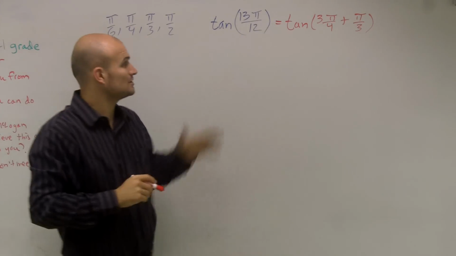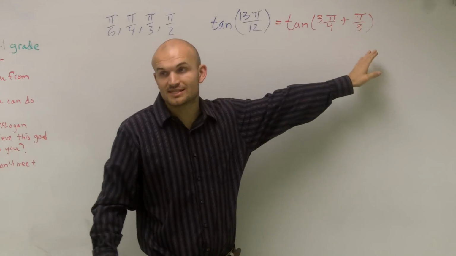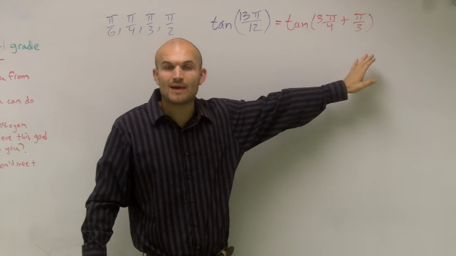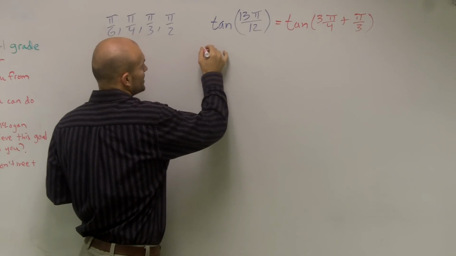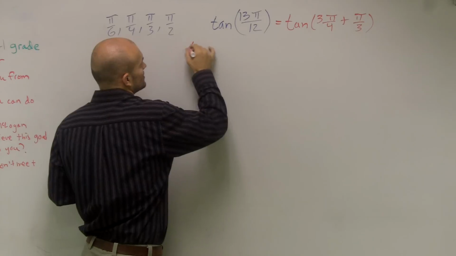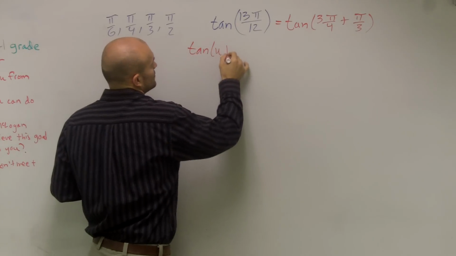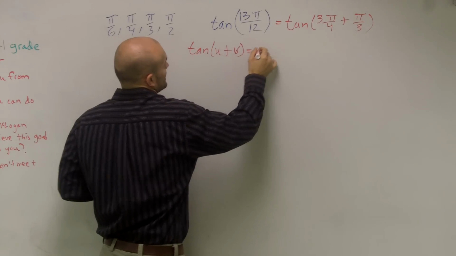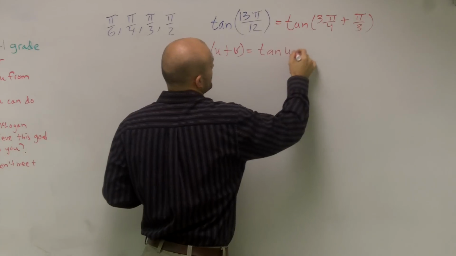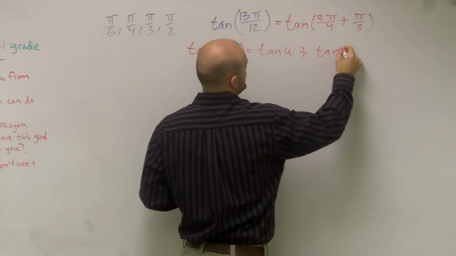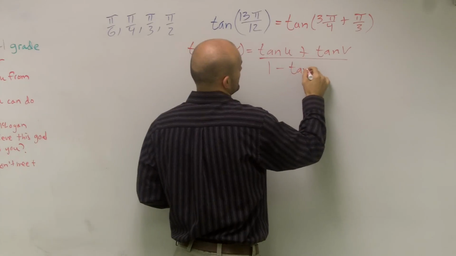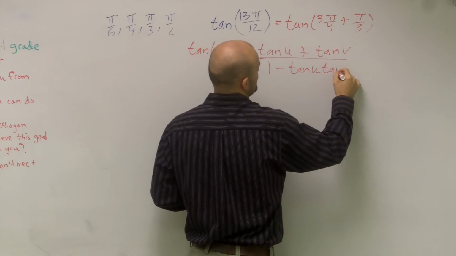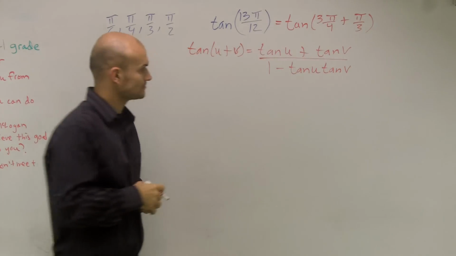And now that I've been able to use this as an addition of two angles, I can use the sum formula for tangent, which says that tangent of u plus v equals the tangent of u plus the tangent of v, all divided by 1 minus tangent of u times tangent of v.